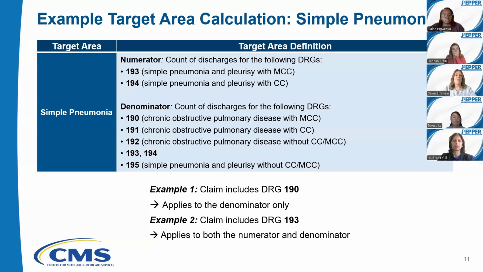So again, that means 59.3% of your patients are being coded with a 193 or 194 discharge or DRG code, as compared to the bigger group of patients that have been coded as a 190 through 195. So it's saying more than half of your patients are being coded or diagnosed with DRGs 193 and 194 compared to the denominator criteria.